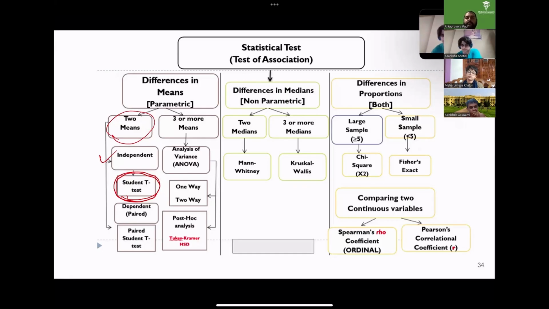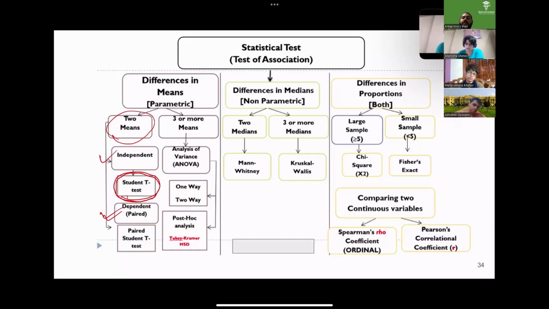Second is, if it is paired, that we check the mean blood pressure of, let's say, one population of one ward in Kolkata only, right? We give them certain medication, we give them certain lifestyle changes, and after 6 months, we check their blood pressure again.